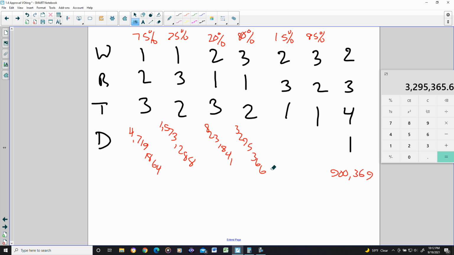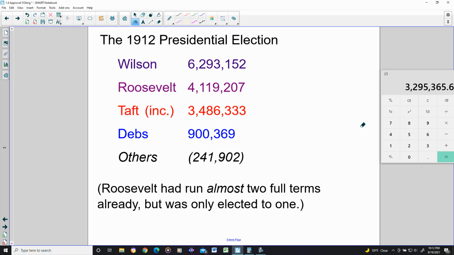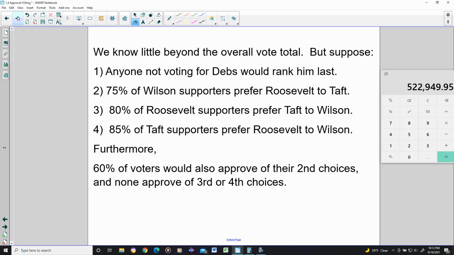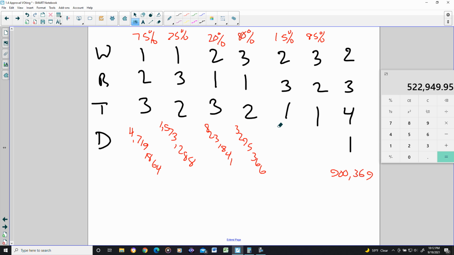Okay. Finally, 15% of Wilson's voters, or sorry, Taft voters, right? And so we just fill in again from here. So 0.15 times 3,486,333 is 522,950.